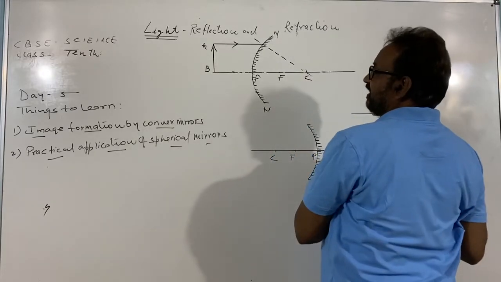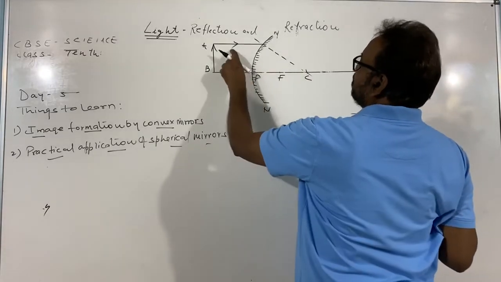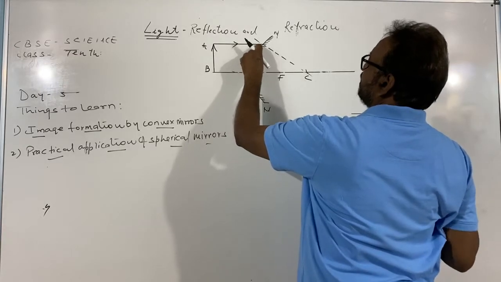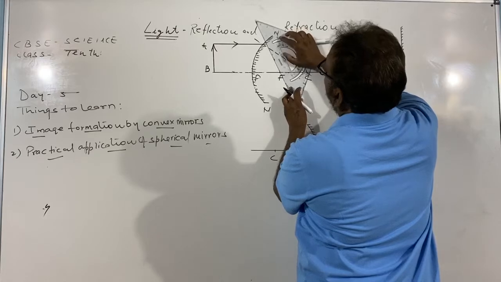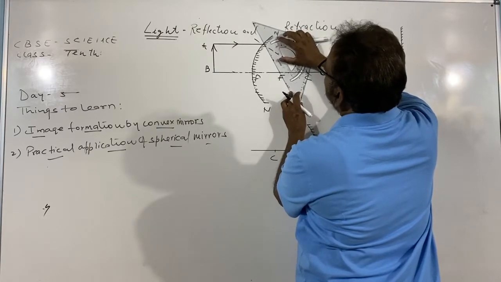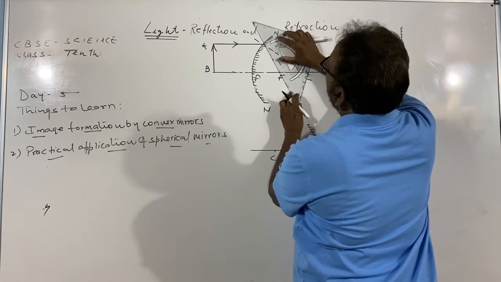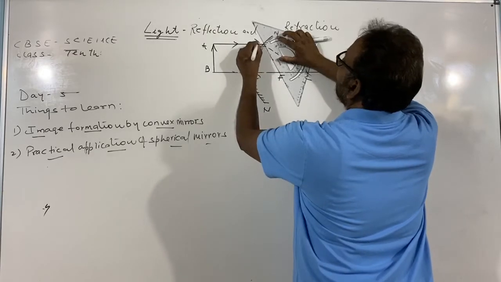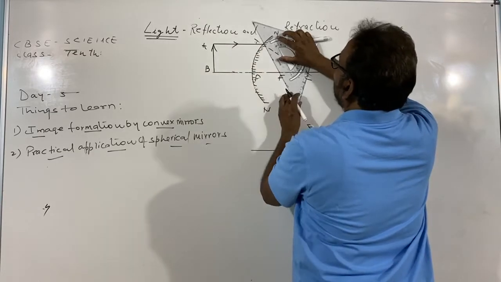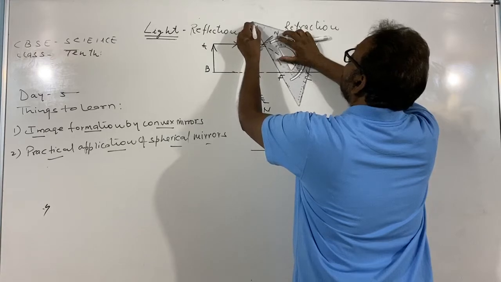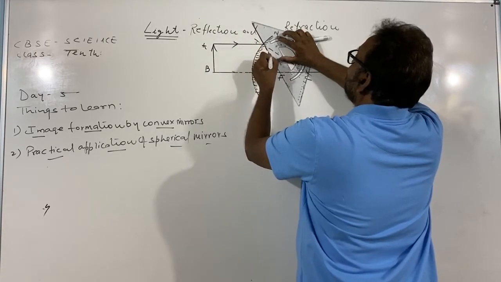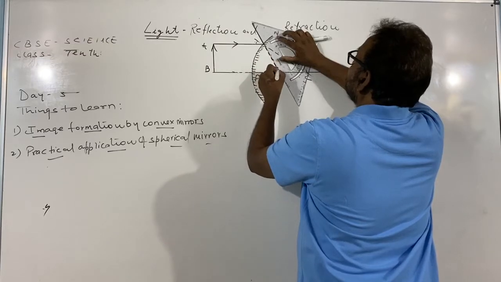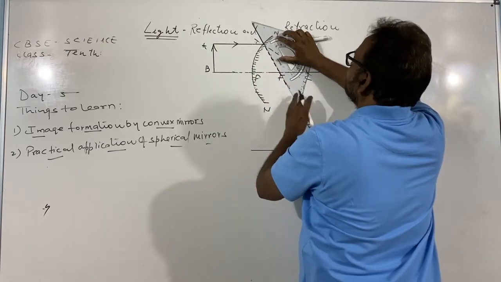Following the laws of reflection, this ray of light, after striking the mirror, will reflect in such a way that the angle of incidence is equal to angle of reflection, and it appears to pass through the principal focus.